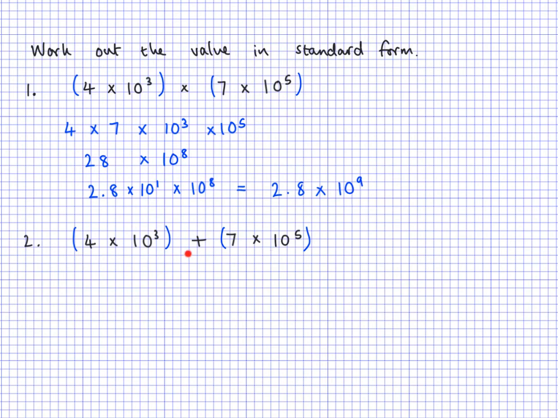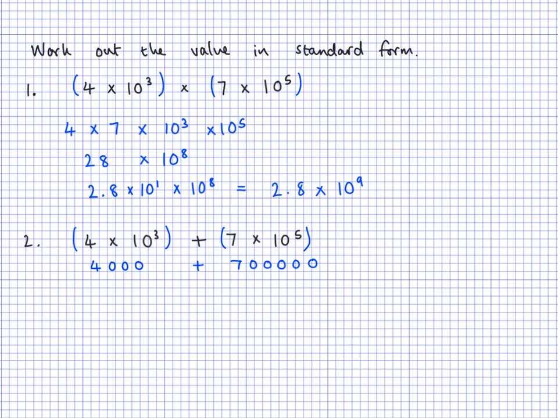Now, this one, when I've got addition, I do not do it this way, because BIDMAS will mean I need to do this calculation first, and that calculation, and then I add. So I need to write these numbers in full and see what the place values look like. So 4,000 here, and the other one will be 7 with 5 zeros. Okay, now these are the two numbers that I need to add.